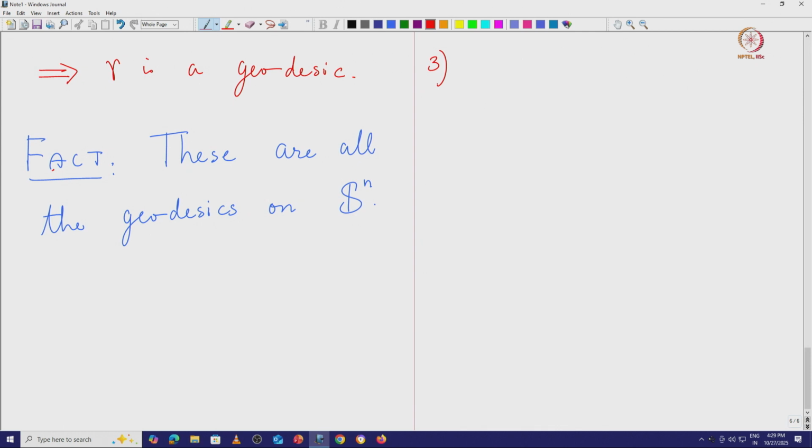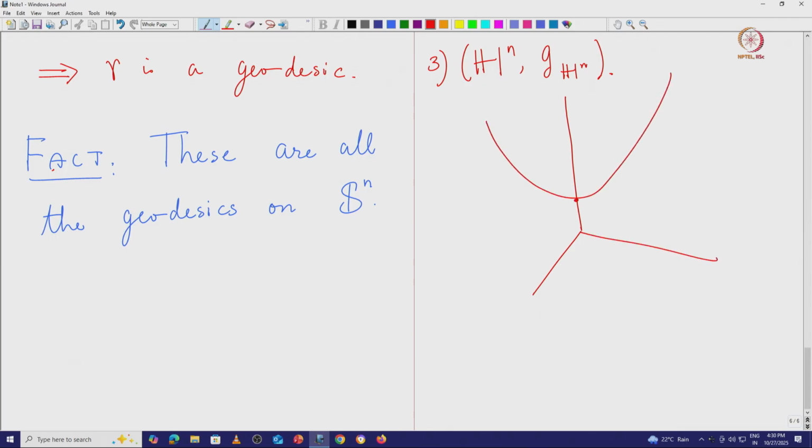Let us look at the third, namely the hyperbolic space. Right. So here one can again do something similar. So I am not going to write down the details. So let us say I want to find all the geodesics passing through my pole. Let us say if you want geodesics passing through other points, they look in the picture a bit more complicated, but through the pole, let us say I want a geodesic with this as the initial vector, then these are basically just given by these hyperbolas obtained by intersecting.